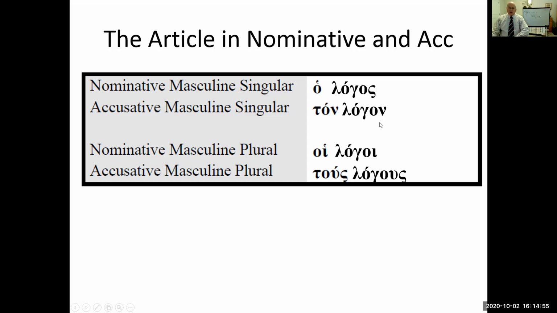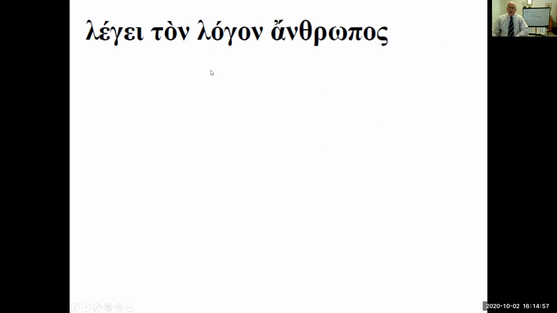I've added them here for you. Now, let's see, I've got to move something out of the way because I can't see it. Let's look at the word order again here, and let's add the article. Lege ton logon anthropos. Okay, in Greek, I look for the verb first, lege.